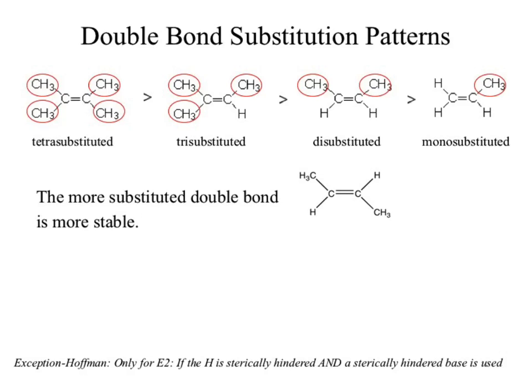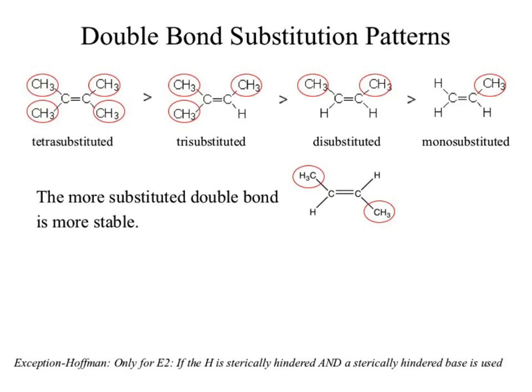Interestingly enough, E1 eliminations will always produce the more substituted double bond. Guess what happens for E2? The same thing. They're both resulting in pi bonds. We want that pi bond to be as stable as possible. So eliminations will always favor the most substituted double bond.